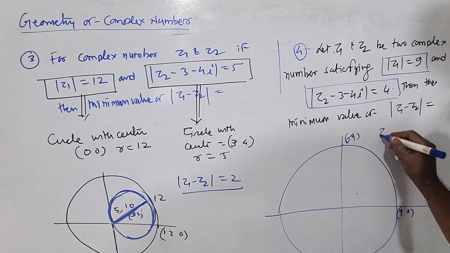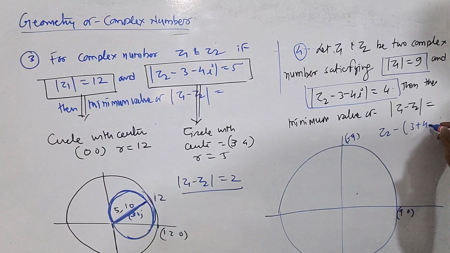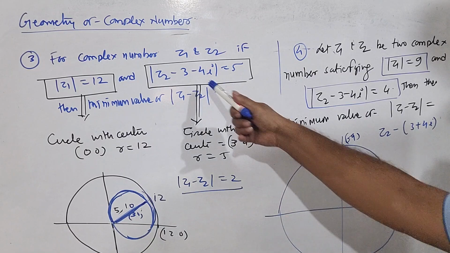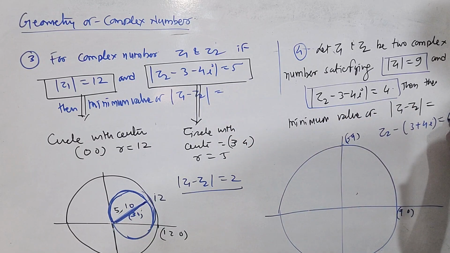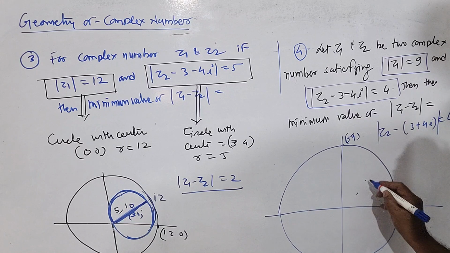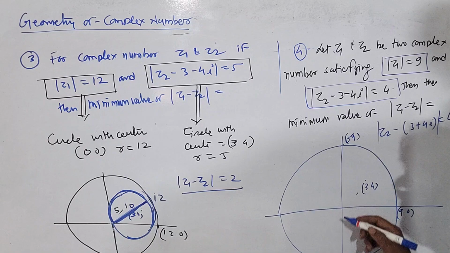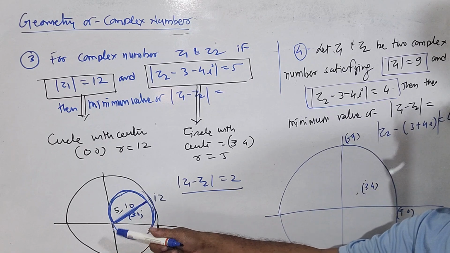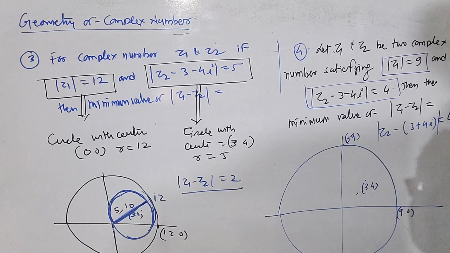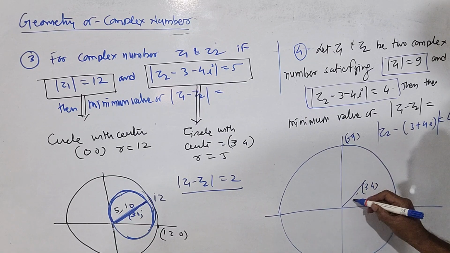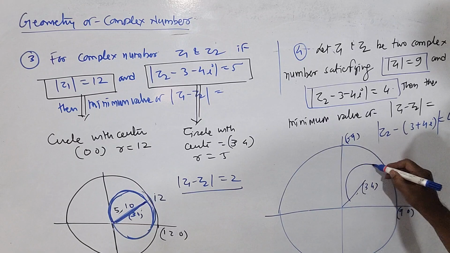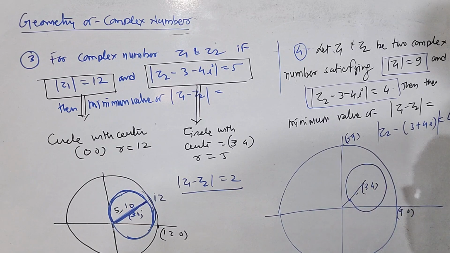And this is modulus of Z2 minus 3 plus 4 iota, that is the same, only the radius is changing, that is 4. So 3 comma 4 is here. Now the radius is 4, so it will not pass through the origin. The earlier circle was passing through the origin, but this will not because this distance is 5 and its radius is 4. So it is something like that.